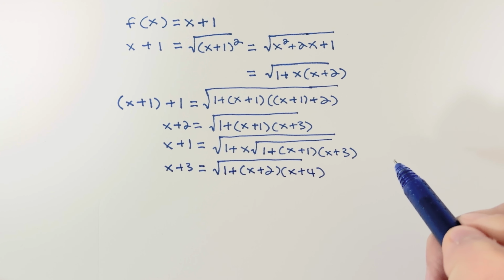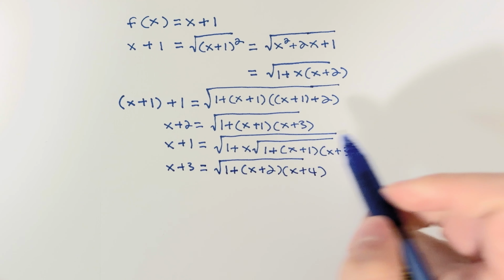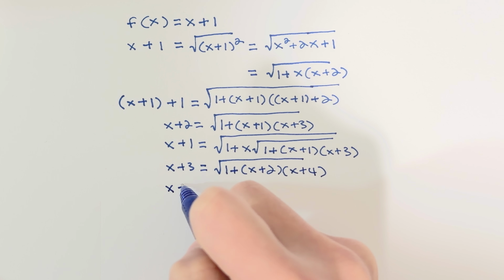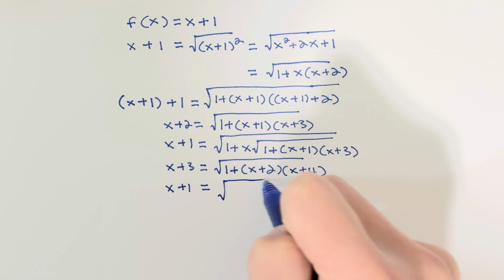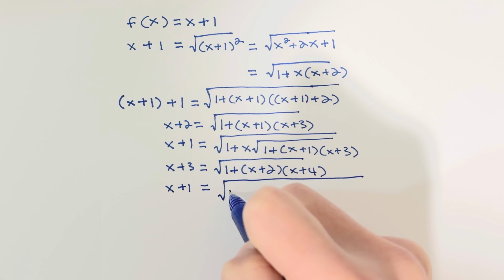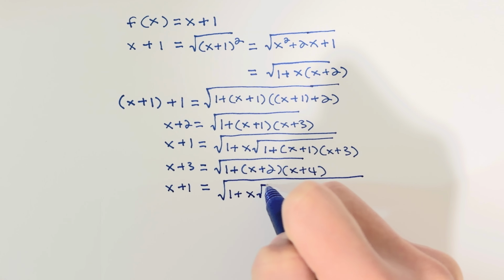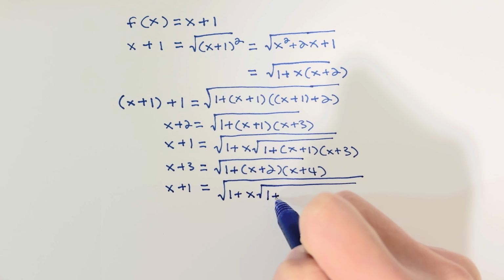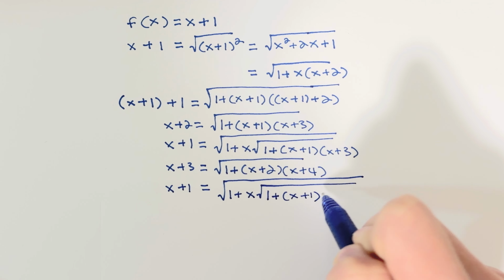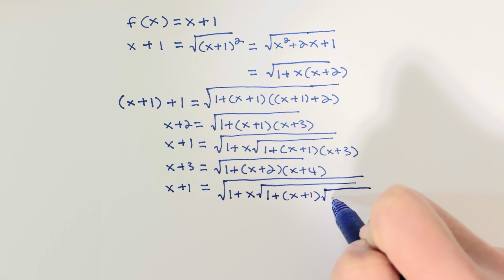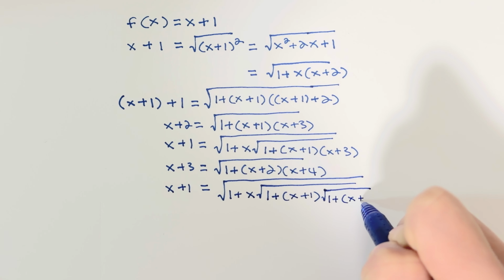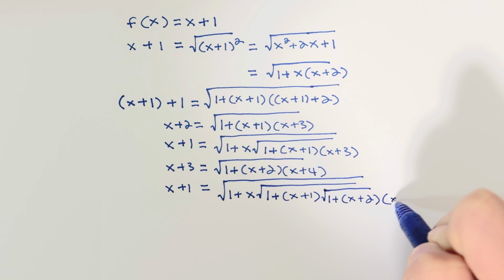Now our main equation will grow another layer. x plus 1 is equal to the square root of 1 plus x times the square root of 1 plus (x plus 1) times the square root of 1 plus (x plus 2) times (x plus 4).